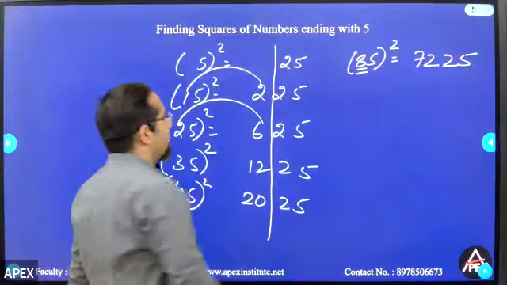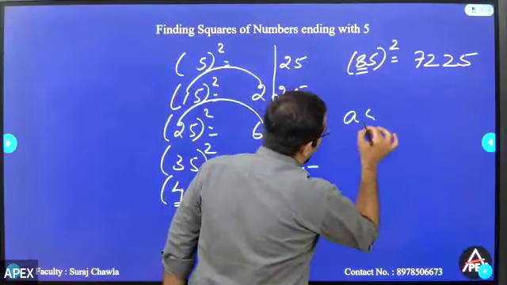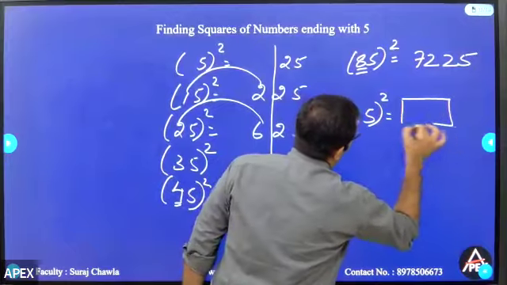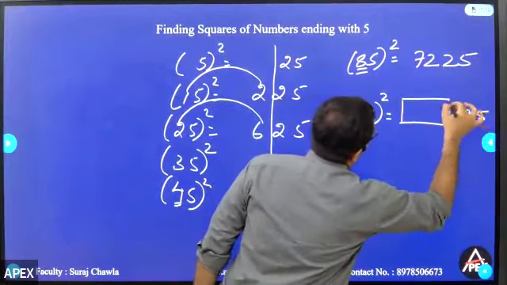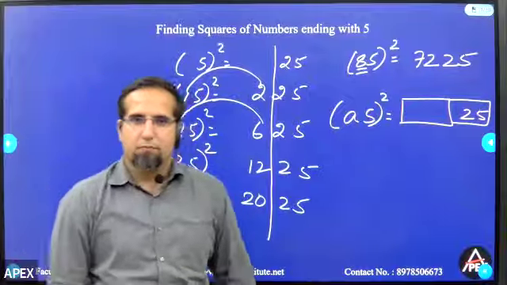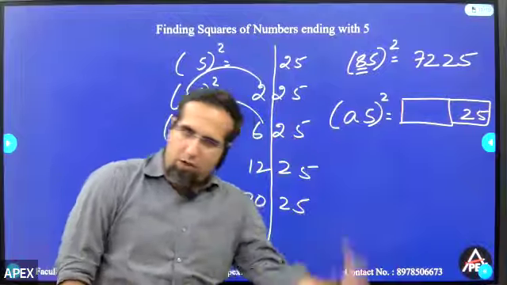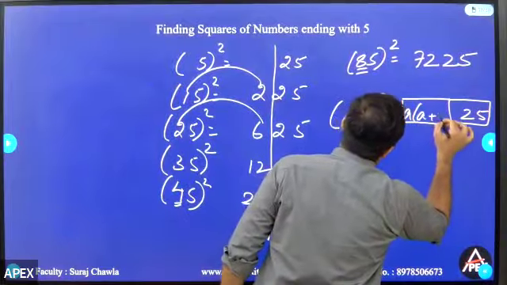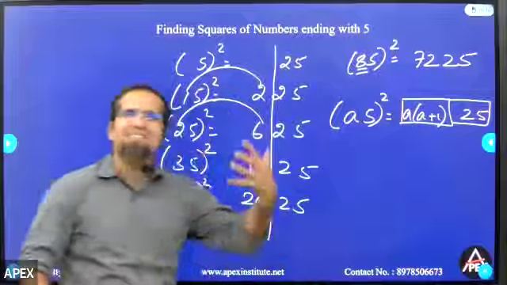So all it means is if you have a number A5 and you are squaring it, the output is in two parts. That number will always end with 25. The left hand part of the number would be A into A plus 1, just the next number.